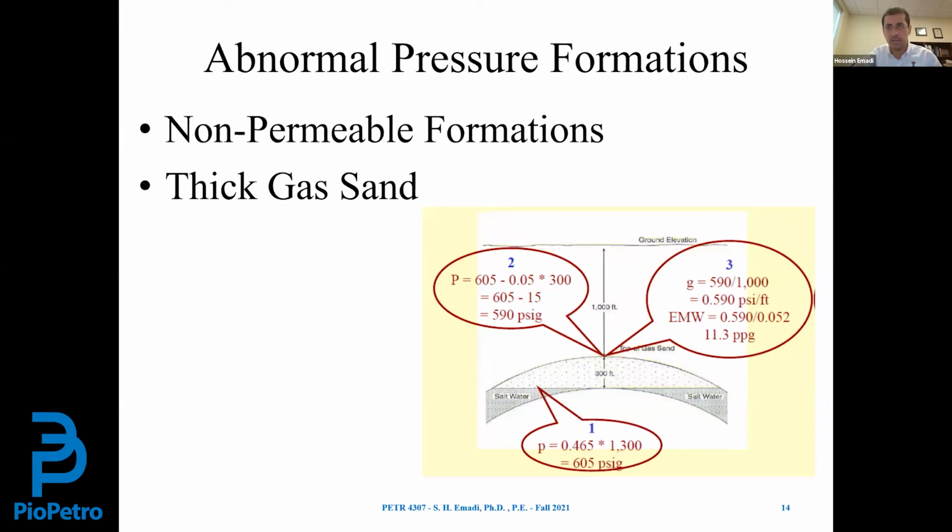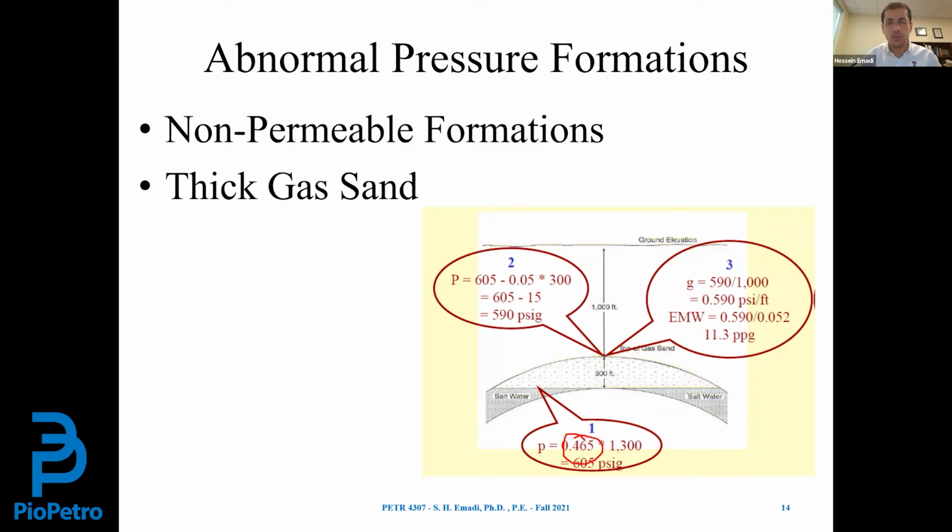The thickness of the gas formation is 300 feet, and the gas-water contact is at 1,300 feet. The normal pore pressure gradient is 0.465, as you can see here.